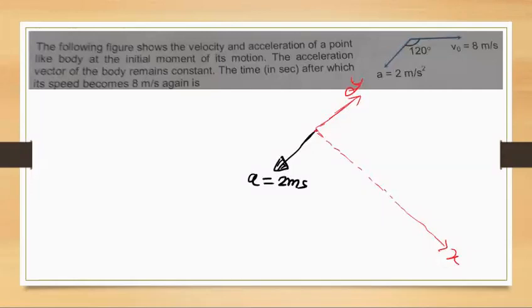The problem we are going to do through the axis rotation method, and now the velocity here is the initial velocity v naught, 8 meter per second. V naught is equal to 8 meter per second.